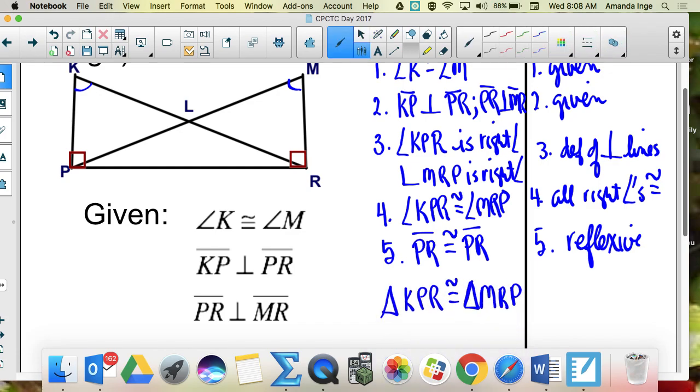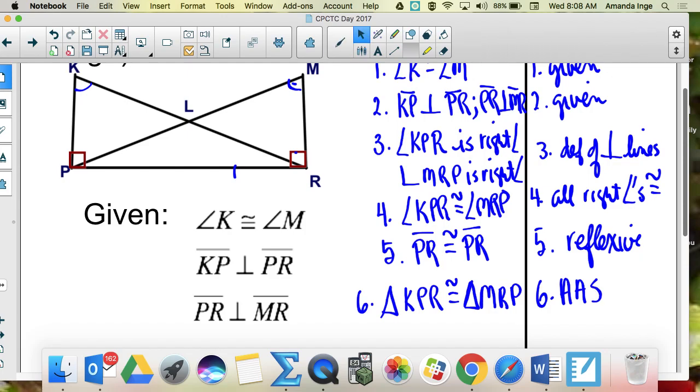So now I can say triangle KPR is congruent to triangle MRP, and what would be the reason? Well, we have an angle, and a side. So angle, angle, side.